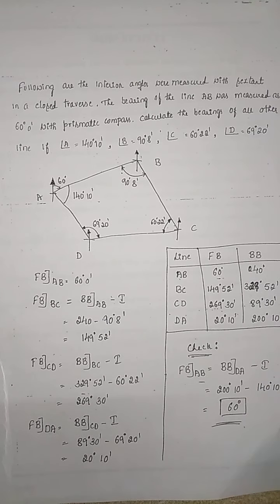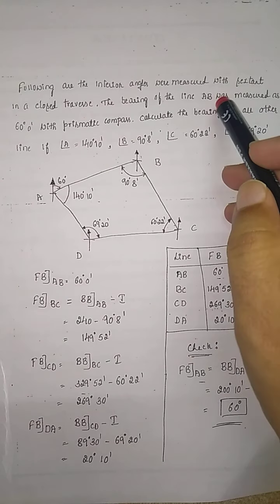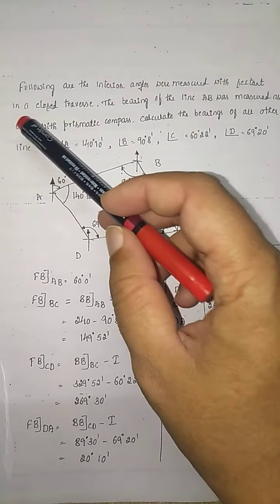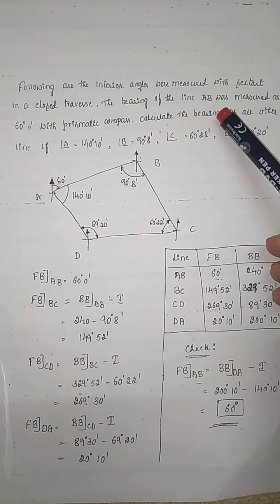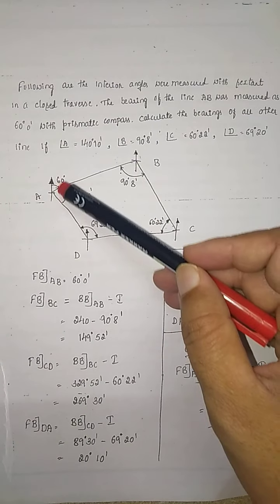The next problem, they have asked: the following interior angles were measured with the sextant in a closed traverse. The bearing of the line AB was measured as 60 degrees.